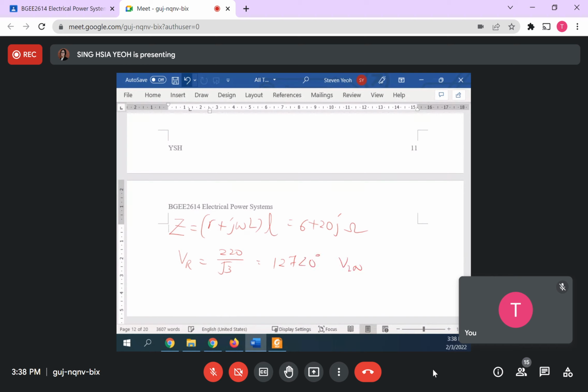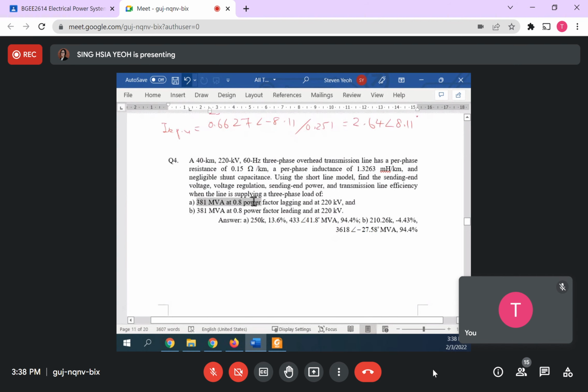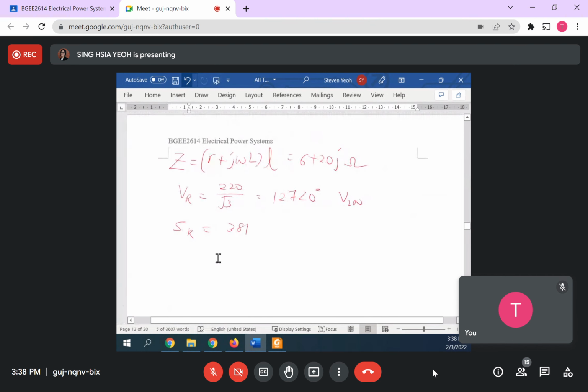Then the complex power at the load side, receiving end SR, equals 281, the load value here, 281 MVA. So S angle is the shift of cos inverse 0.8, right? So basically you get 204.8 plus j228.6. Okay, so this will be your real power P and this will be your Q.